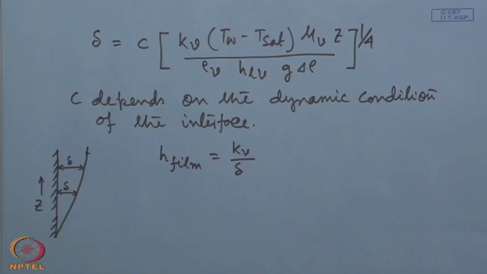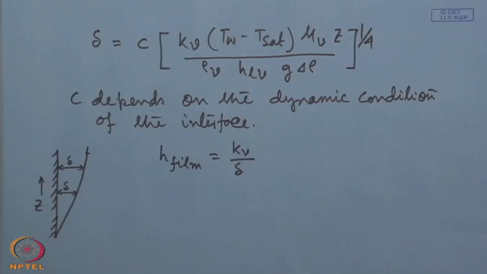Using some simplified assumptions we have got the relationship for heat transfer coefficient, and based on this, a number of modifications have been done. One modification is that we can include convection. The solution will be a little bit difficult and complex, but we can include convection.